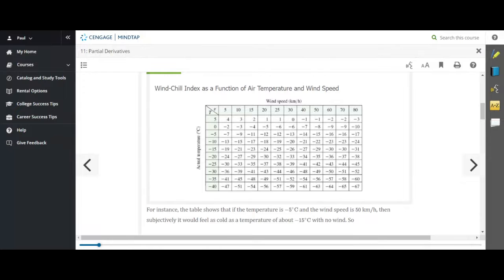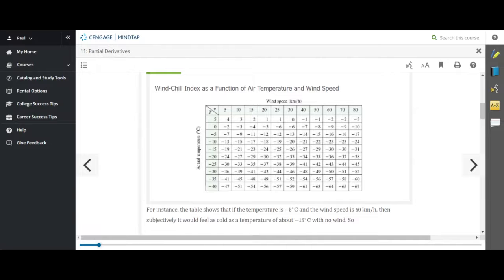If you look at where the air temperature is 5 degrees Celsius, as you go across the row, the wind speed is getting greater and greater.